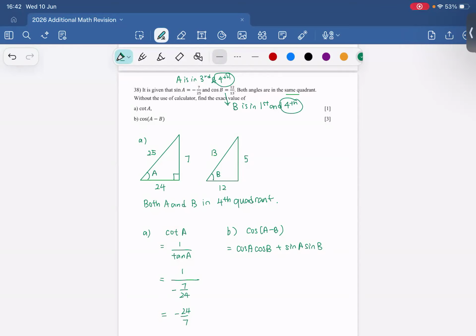Okay, so you put inside your cosine A, it will be adjacent over hypotenuse. It will be positive because it's in the fourth quadrant. Then this will be 12 over 13. But this will be minus because it's in the fourth quadrant. So we should have 371 over 325.